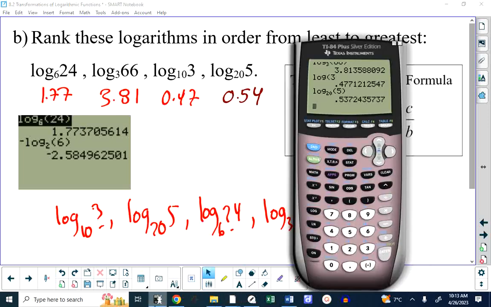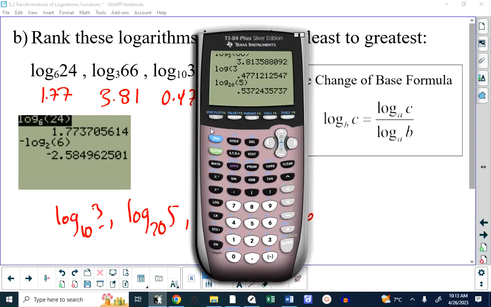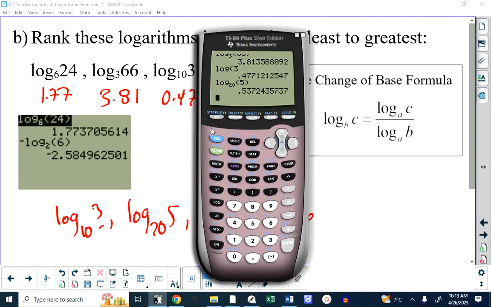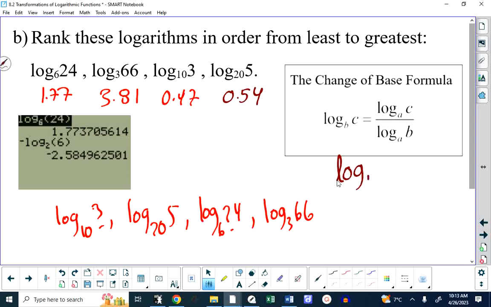If you do not have that feature, then it is possible, and this formula is on your formula sheet, to calculate non-common base logarithms using the change of base formula. This is saying if you have a base b logarithm of an argument and it's not base 10, and you want to change it to base 10, or any base, you can use a new base, and the logarithm on the top is the old argument, and the logarithm on the bottom is the old base.